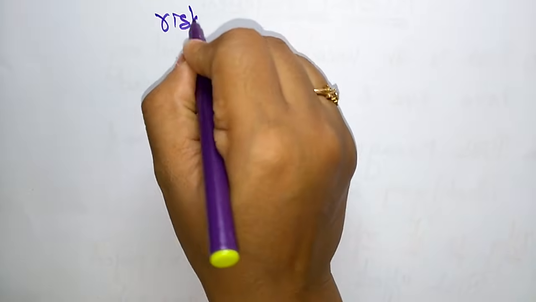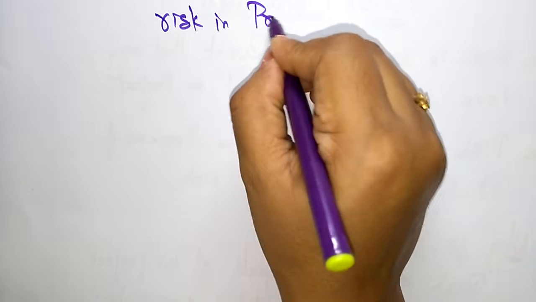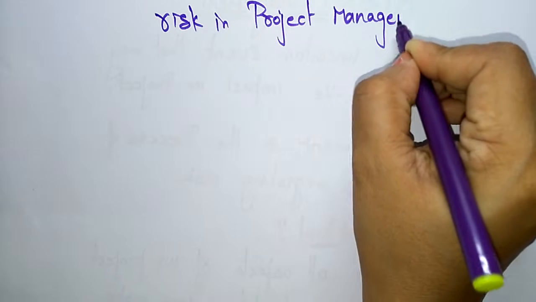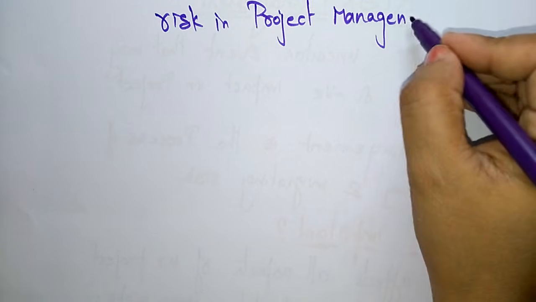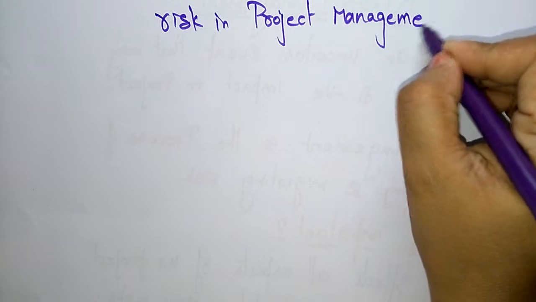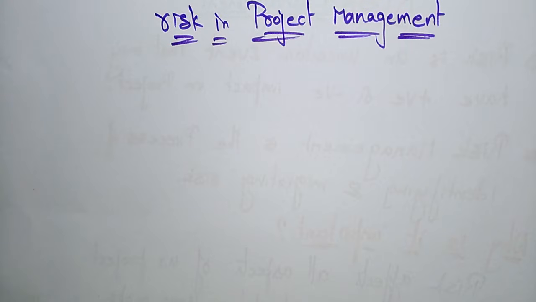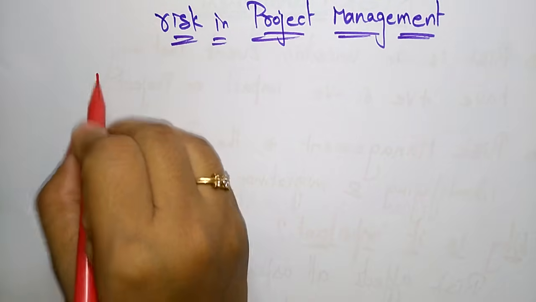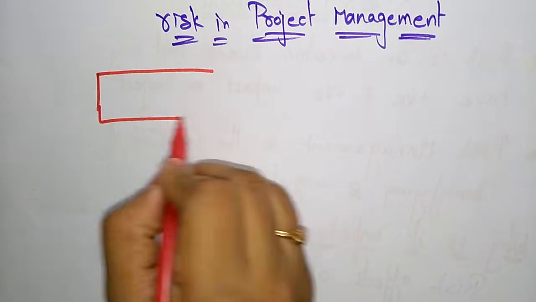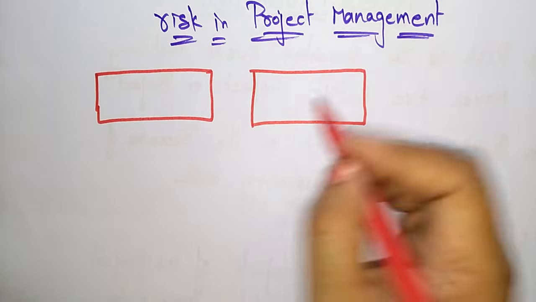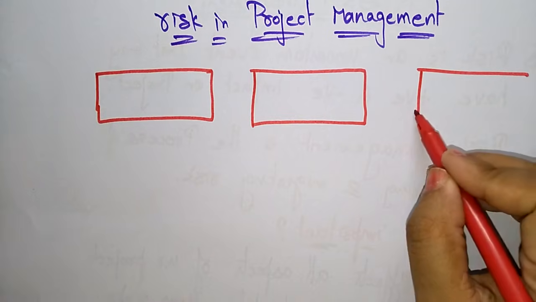Now let us see risk in project management. What are the risks that are involved in project management? There are different risks present in project management. I am writing about those risks.